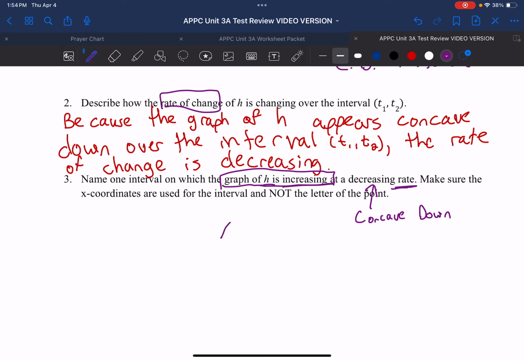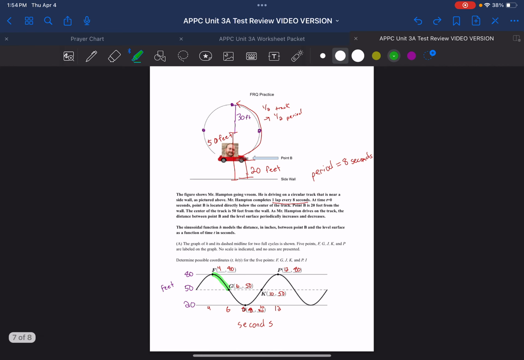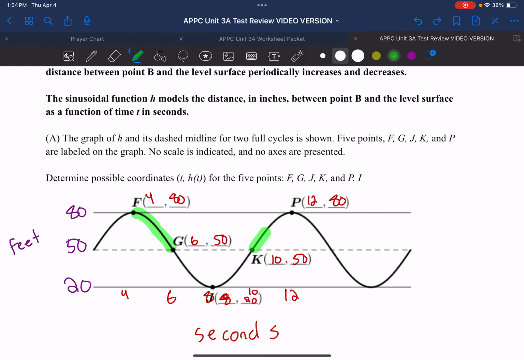So if I have like a frown here, increasing at a decreasing rate would be this first half, right? I'm going up, but I'm part of concave down. That's why it's a decreasing rate. So one place where that happens is from K to P right here. Let me highlight that in pink. K to P. That is increasing at a decreasing rate, and that's from 10 to 12.